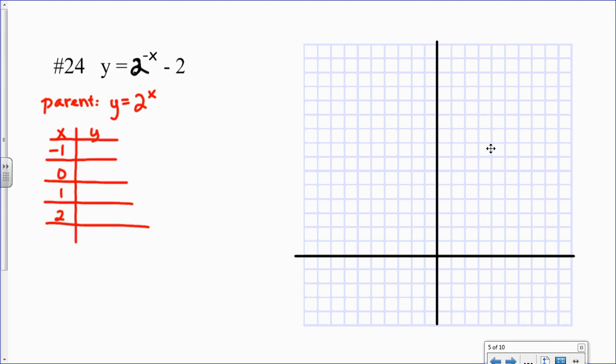So we fill out our table. 2 to the negative first is 1/2. 2 to the 0 is 1. 2 to the first is 2. 2 squared is 4. So again, I'm just putting in the points. I'm not going to connect these.